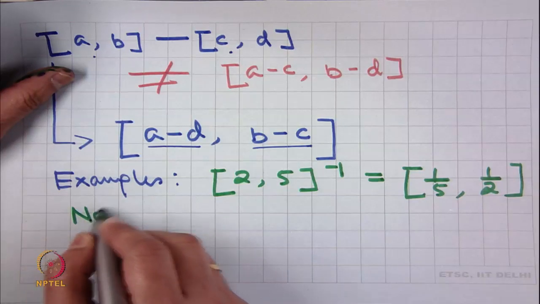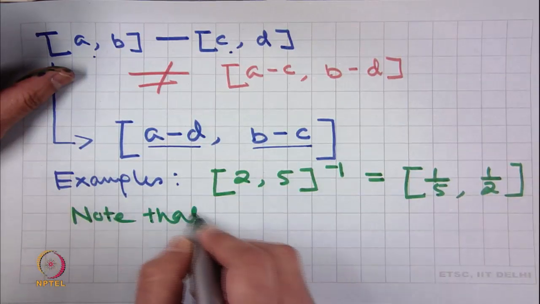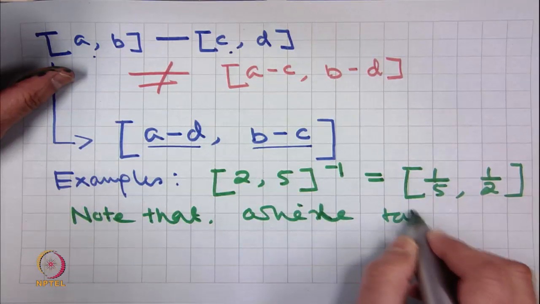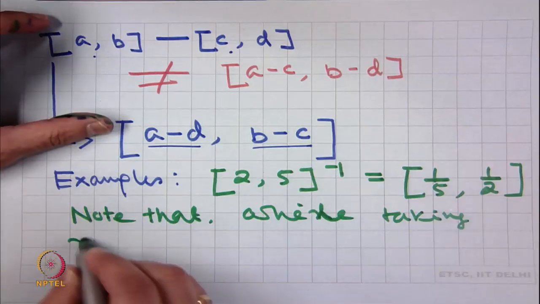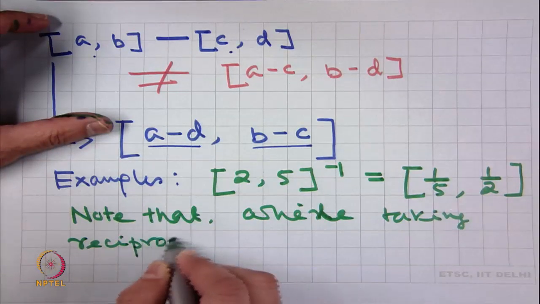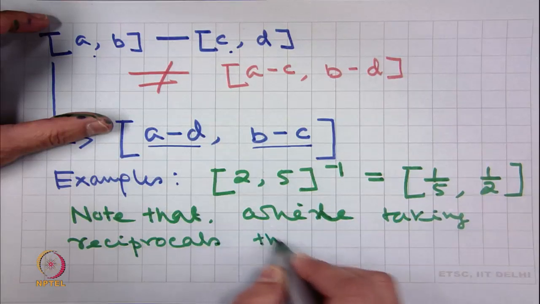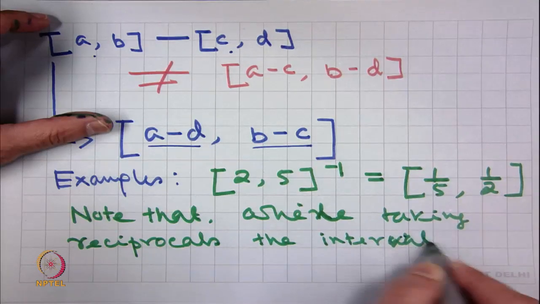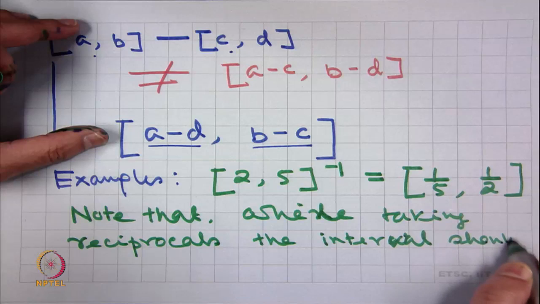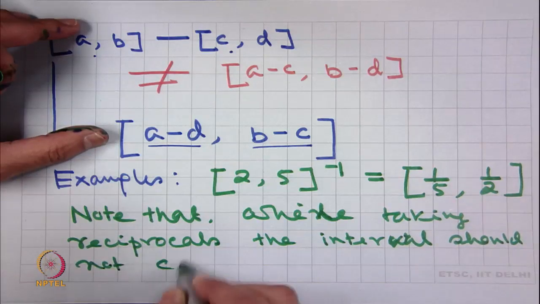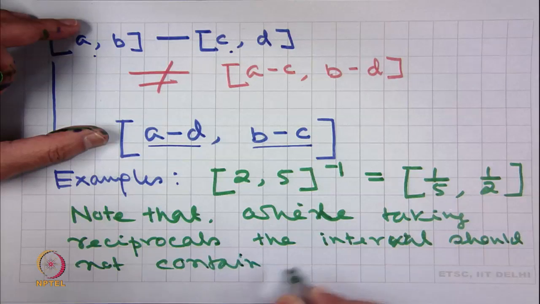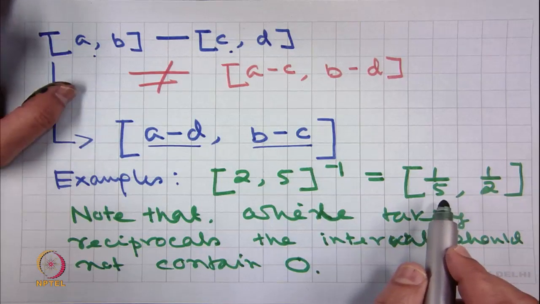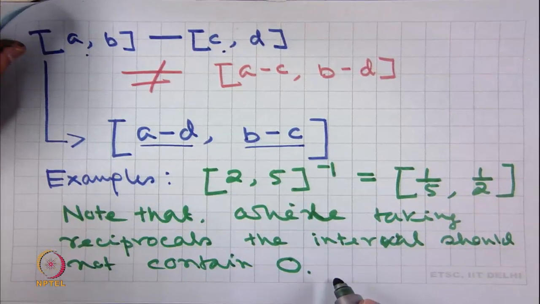One has to note that when we are taking reciprocals, the interval should not contain zero, because if 0 is inside, then 1 by 0 is not defined.